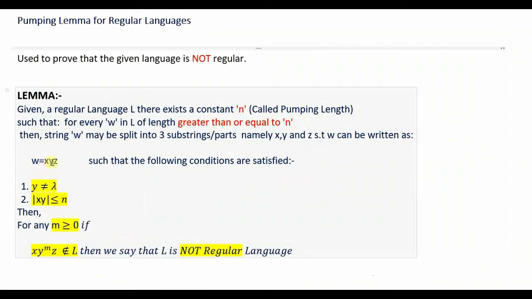Then, 3. for any m greater than or equal to 0, if x y raised to m z does not belong to L, if you are able to prove that for any m from 0 till infinity the string x y raised to m z does not belong to the given language, then we say that the given language L is not a regular language. Let us go with the problem.